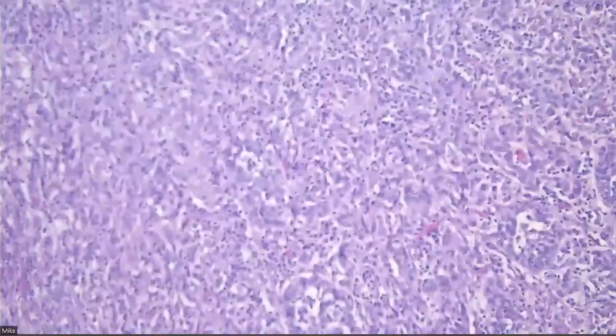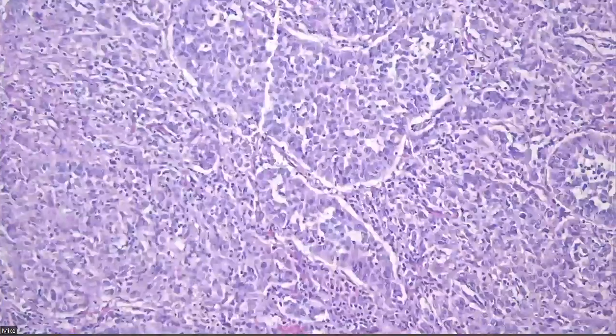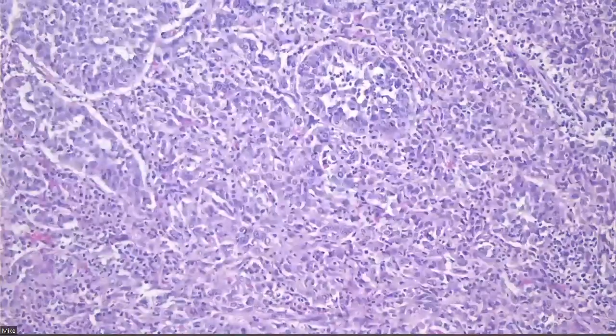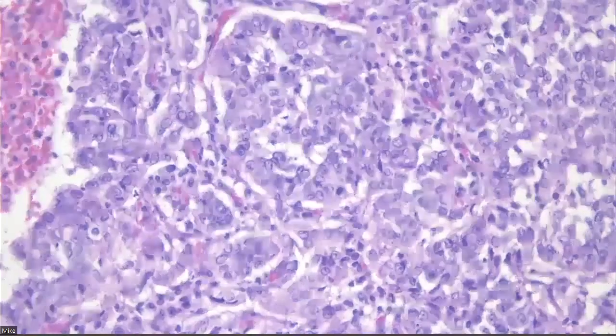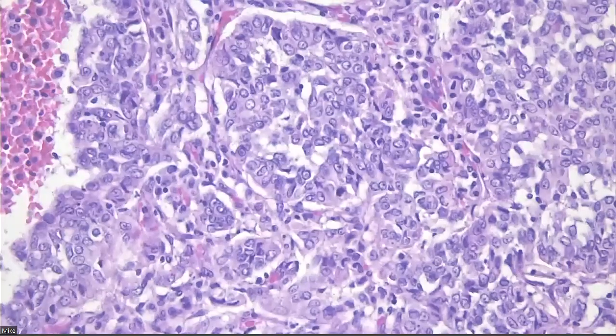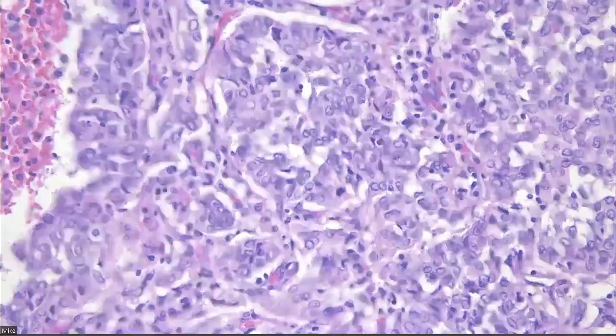And it's now even got some solid areas here with discohesion. But you look and you say, well, this is still kind of papillary. If you look at the nuclei, they're still pretty wrinkled and grooved, and they don't look like that other case, right?